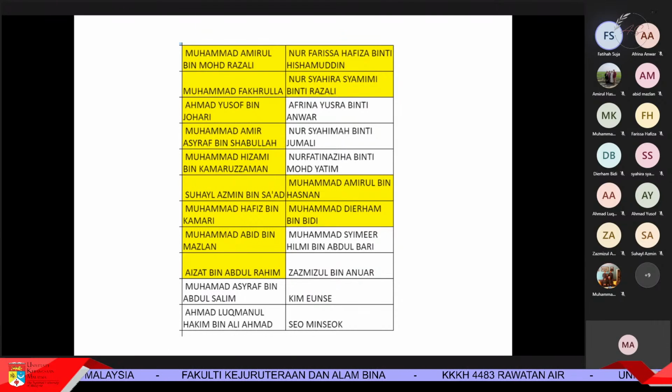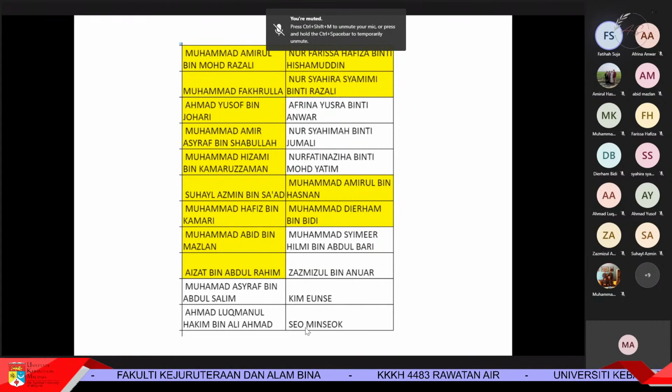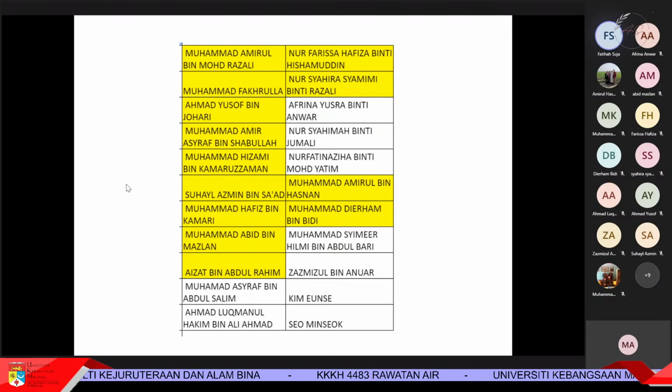This is the first group, Muhammad Amirul with Nur Farisa, Muhammad Fakrullah with Nur Syahira, Ahmad Yusof with Afrina, Muhammad Amir with Nur Syahimah, Muhammad Hizami with Nur Fatin Naziha, Suhail with Muhammad Amirul, Muhammad Hafiz with Muhammad Dirham, Muhammad Abid with Muhammad Shimir, Aizad with Zasmizul, Muhammad Ashraf with Kim Iyuns, and Ahmad Luqmanul Hakim with Sio Min Siok.